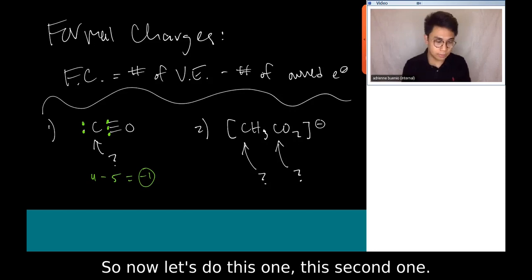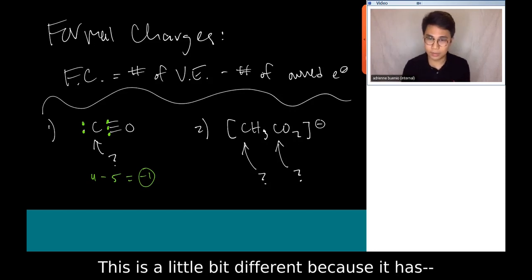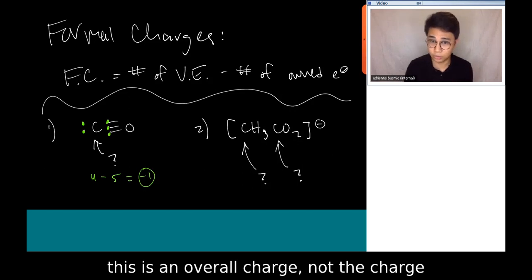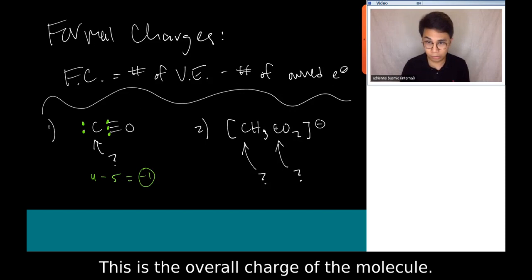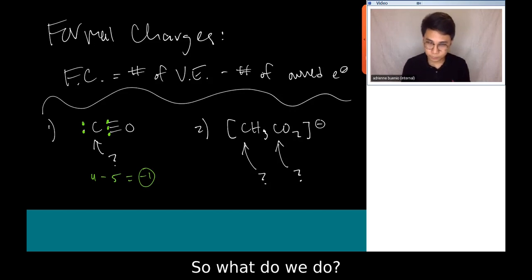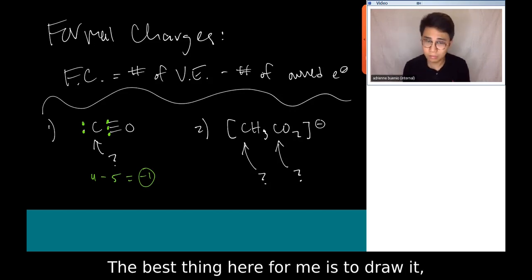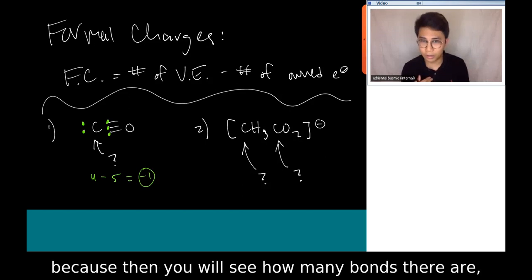Now let's do the second one. This is a little bit different because it's an overall charge, not the charge of this carbon or this carbon. This is the overall charge of the molecule. The best thing here for me is to draw it, because then you'll see how many bonds there are.